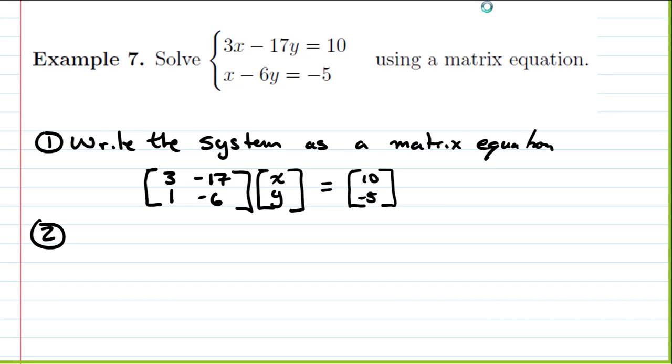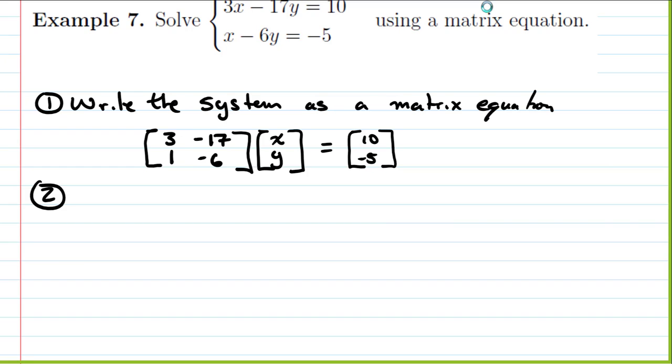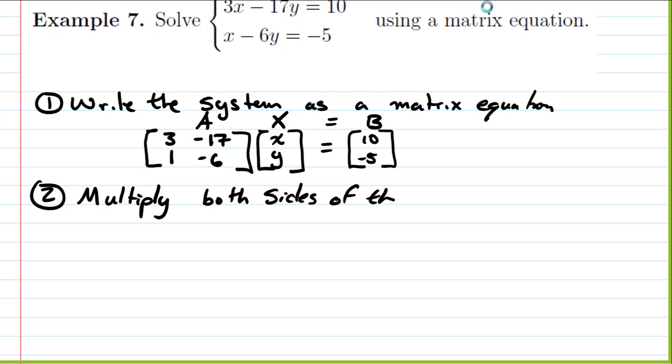So then step 2 is we multiply both sides of the equation by A inverse. So this is A, this is X, and this is B. So we're going to multiply both sides of the equation by A inverse.